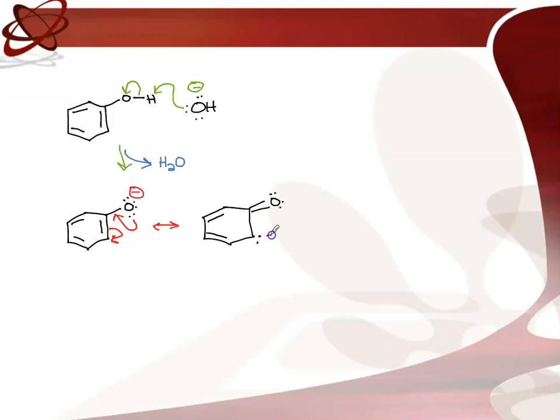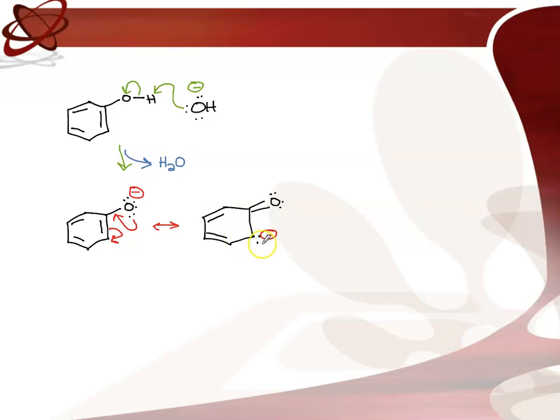And then what we're going to do is look at how this negative charge can continue to be pushed around the ring. Now, it can't go to every carbon in the ring, but it can go to the one that we would say is ortho to this substituent group, the one that is para to the substituent group, and then the other ortho position. Where we'll see that it cannot go is to the 2 meta positions.